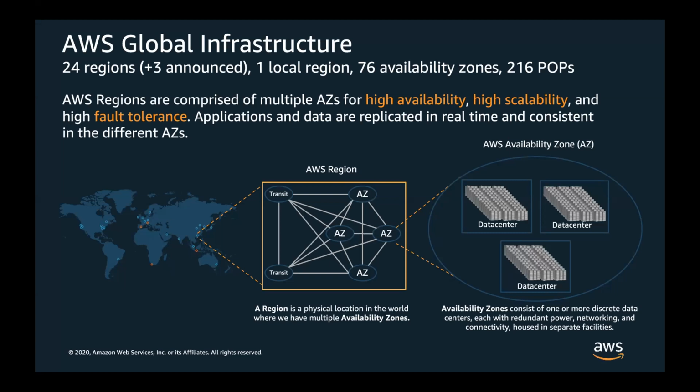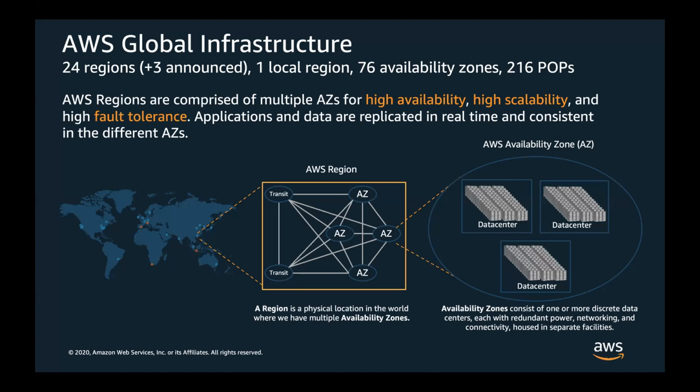An availability zone itself is an isolated collection of data centers, so one or more data centers. These are connected to other availability zones and the internet over multiple redundant internet connections. And this allows you to deploy a highly available application in a single region. You don't need to go multi-region.